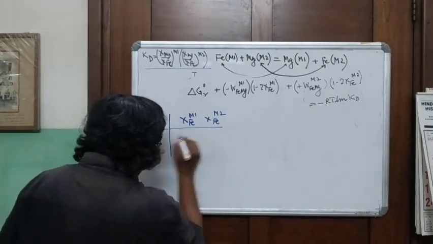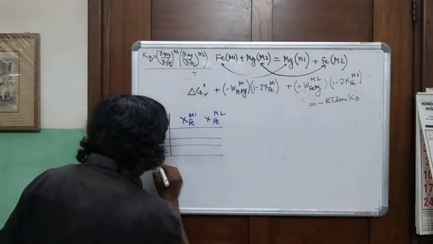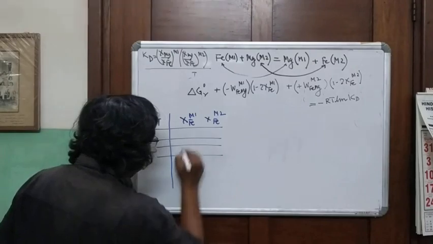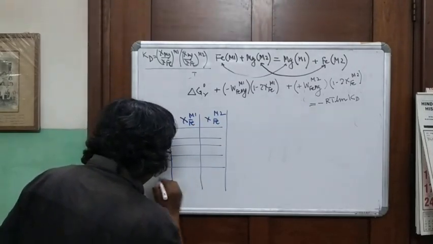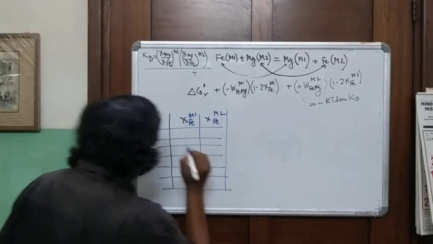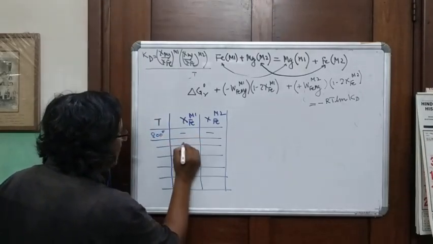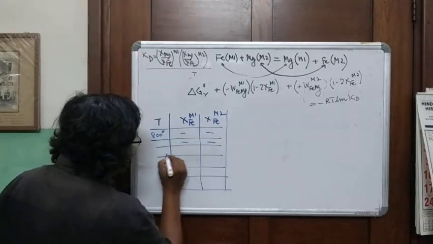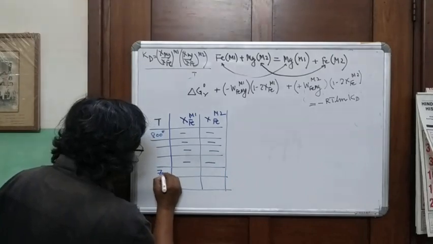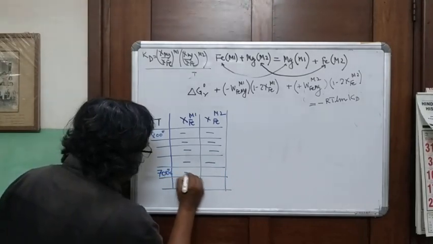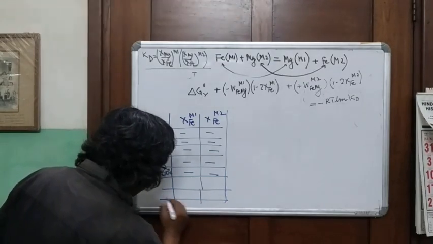Say at 800 degrees centigrade you have a set of data, at 700 degrees centigrade you have another set of data, and at 600 degrees centigrade you have another set.